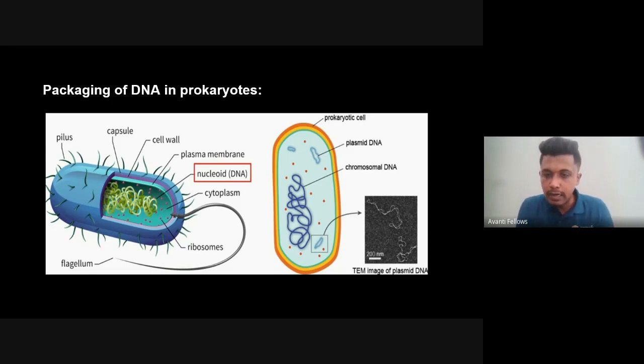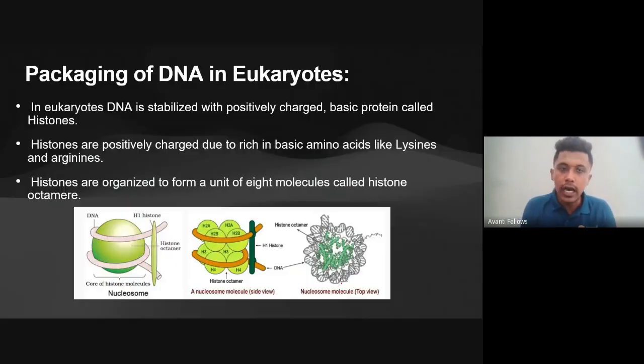Okay. So when it comes to eukaryotic packing, eukaryotes, as the name suggests, are quite complex cells. In spite of having membrane bound organelles and very organized nuclear structures, you can see the complexity in the way they are packed. All right.